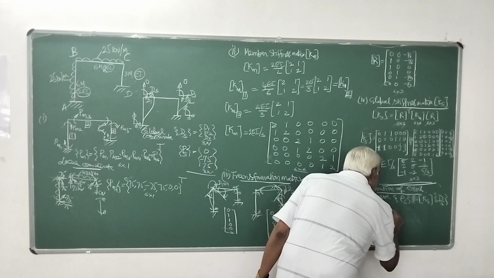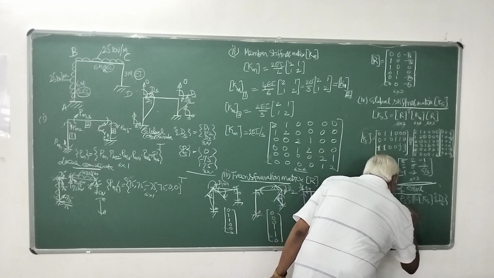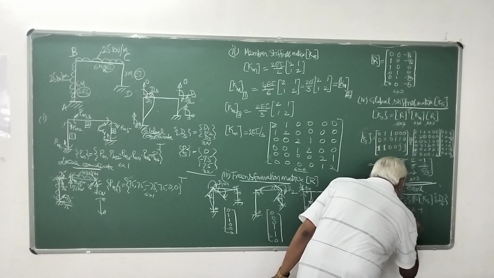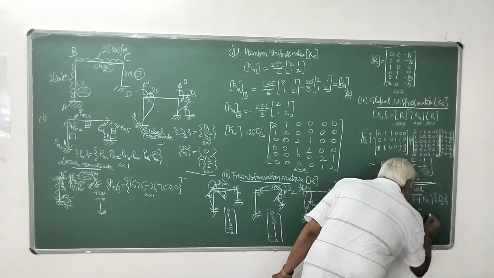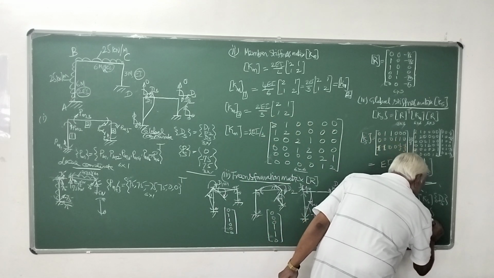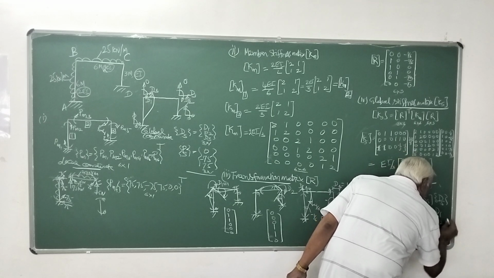Then Ks is EI by 3 times 8, 2, minus 1, 8, minus 2, minus 2, 3. This is the Ks. ds, what we have to determine, is d1, d2, d3.